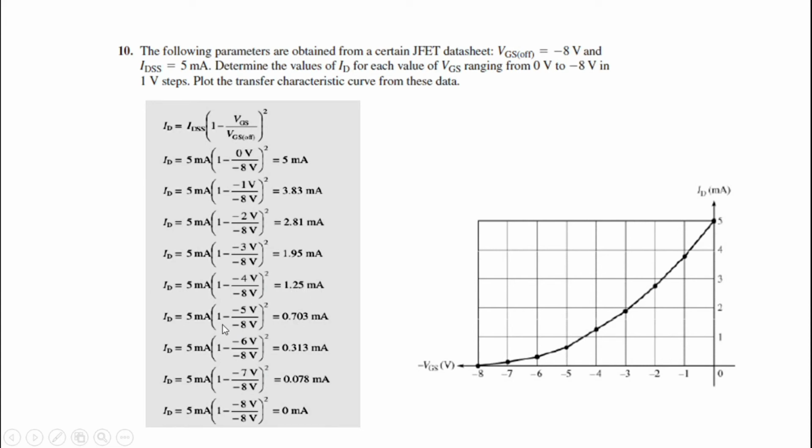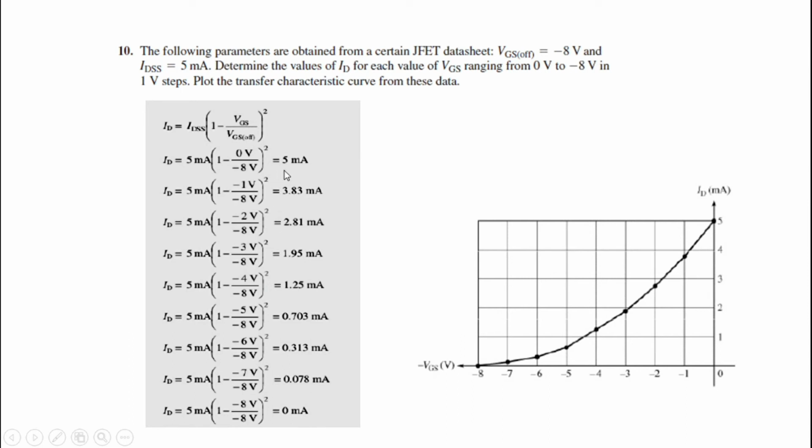At negative 5 volts, ID is 0.703 milliamps. At negative 6 volts, ID is 0.313 milliamps. At negative 7 volts, ID is 0.078 milliamps, while at negative 8 volts, ID is 0 milliamps.